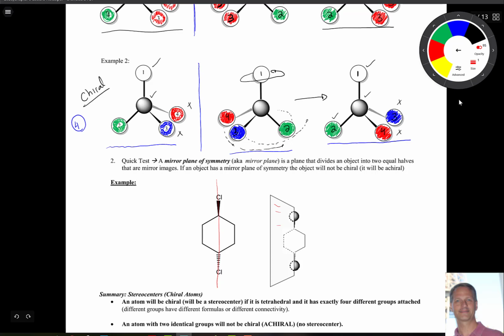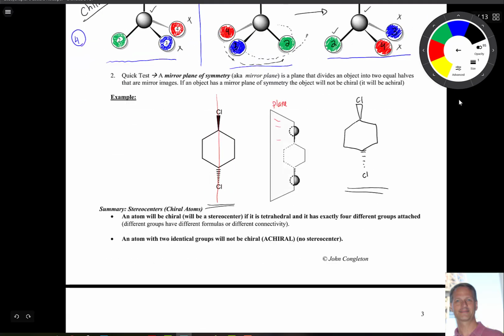That's the reflection, but that's the other half of the molecule. So this has a mirror plane right here. And because of that, this molecule is achiral. In fact, the mirror image of this, if we were to draw it, is actually just the same thing. So that molecule here and this are identical, and therefore it is an achiral molecule.